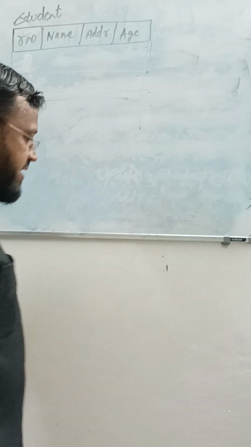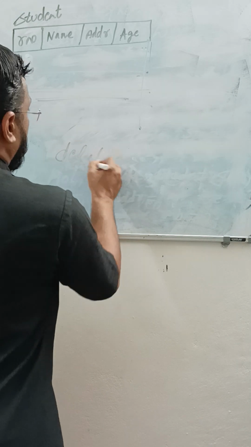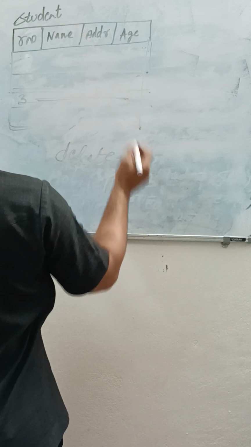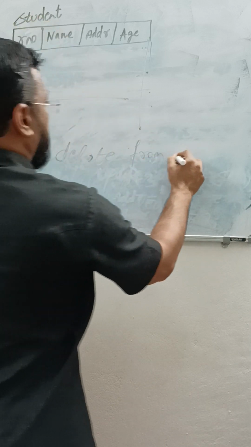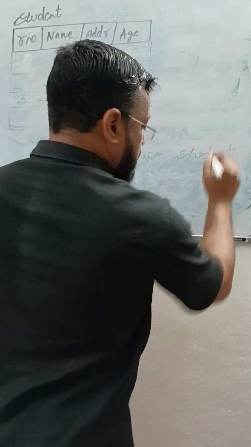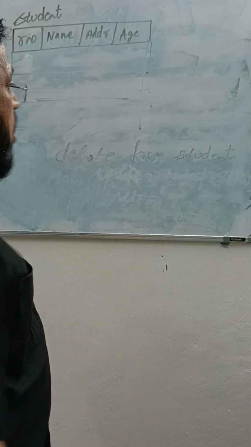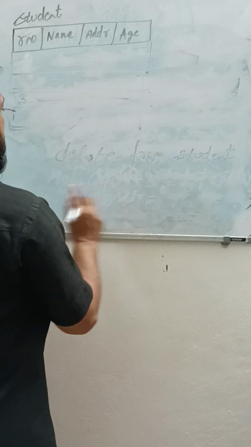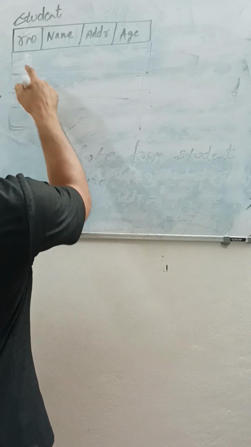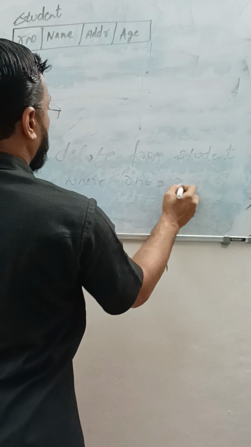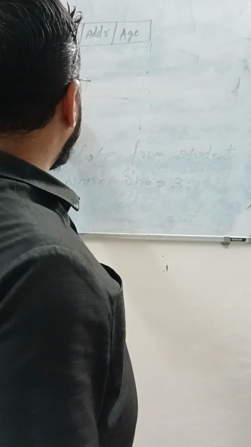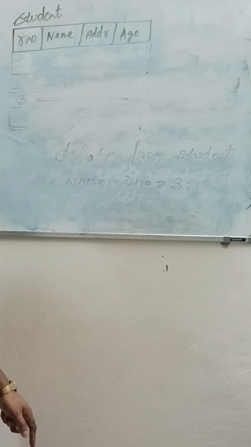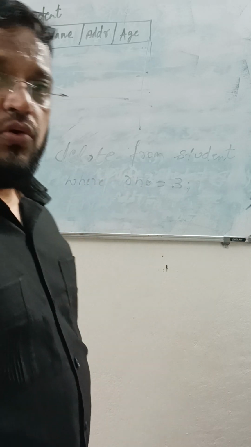We will write delete from student where roll number is equal to 3. So what will happen now? The entire third tuple will be deleted. Delete from table name, where roll number is equal to 3.